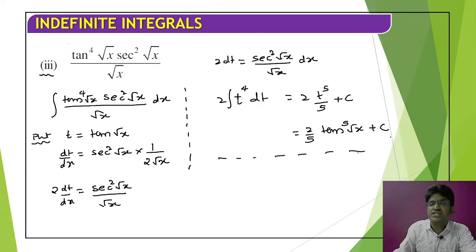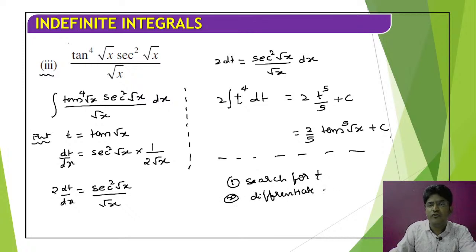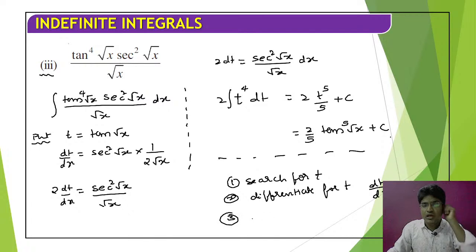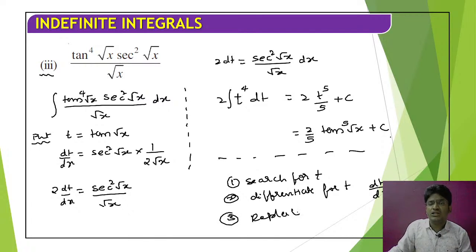So here you just see, first thing, search for t. Second thing, differentiate for t, that means nothing but dt by dx. And third one, replace all the terms. And fourth one, solve it.